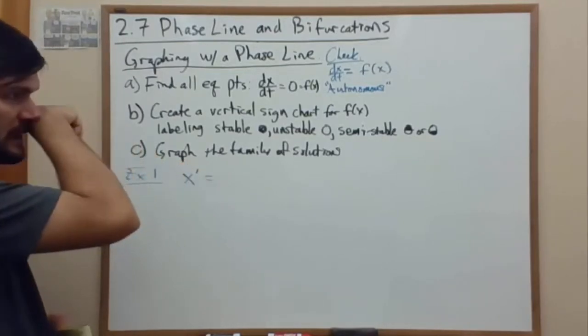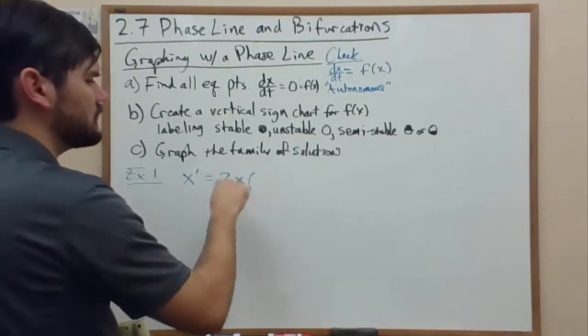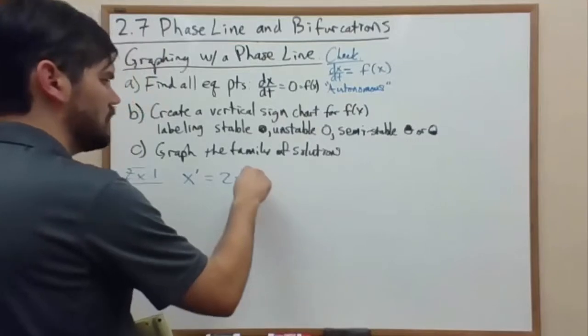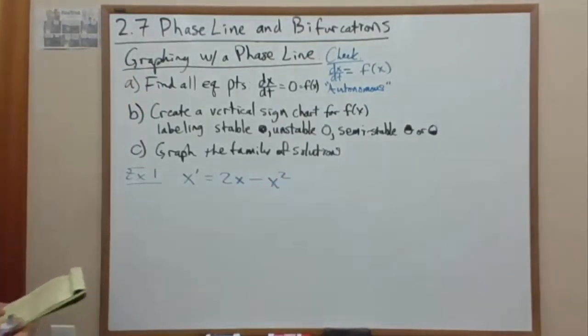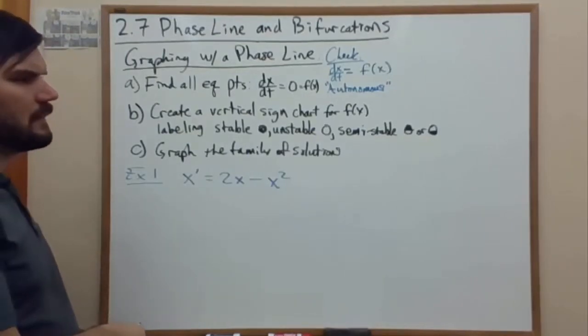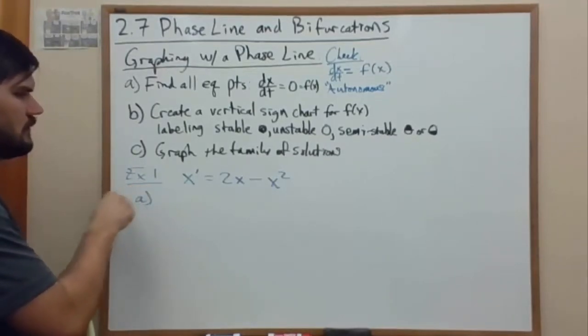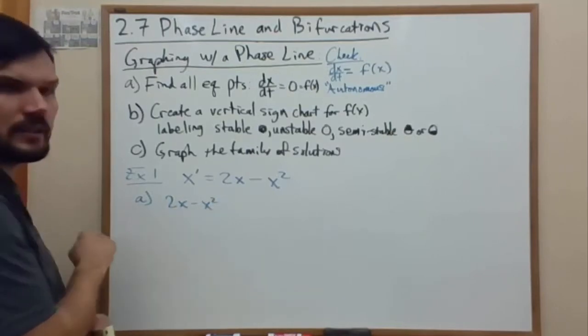x prime is equal to 2x minus x squared. Okay, so our first step is to set 2x minus x squared equal to 0.